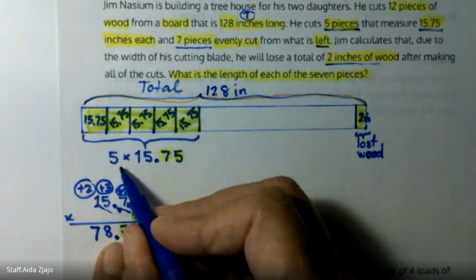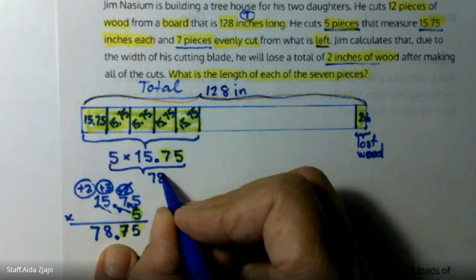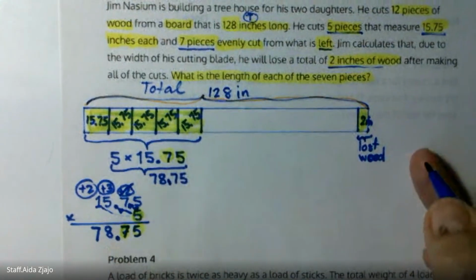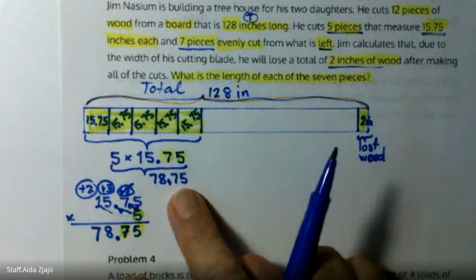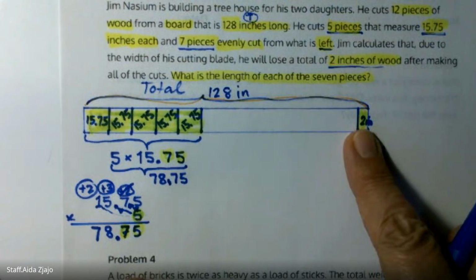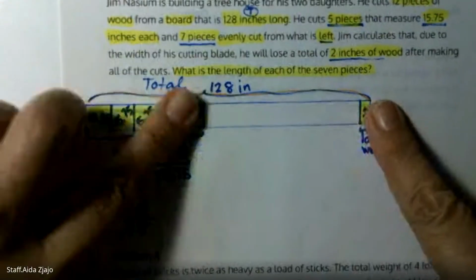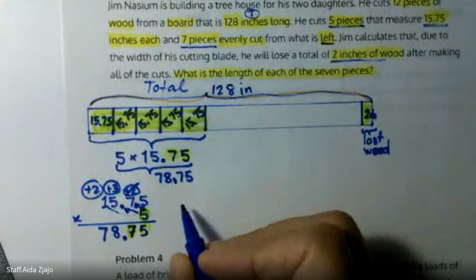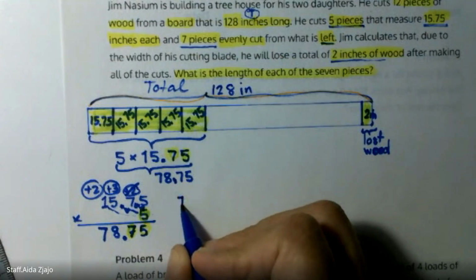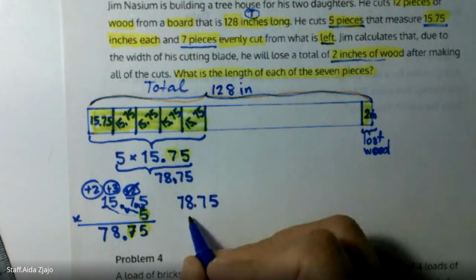So now we know that this is 78.75 inches. Now that we know this, we can add 2 more to it, and then we will have how much these 2 parts that we know he can take off are. So that would be 78.75 plus 2 inches.